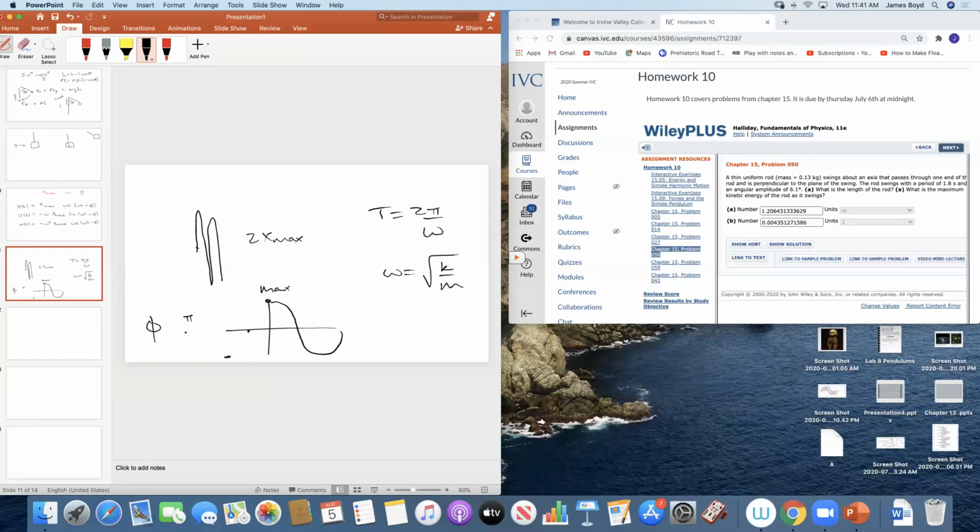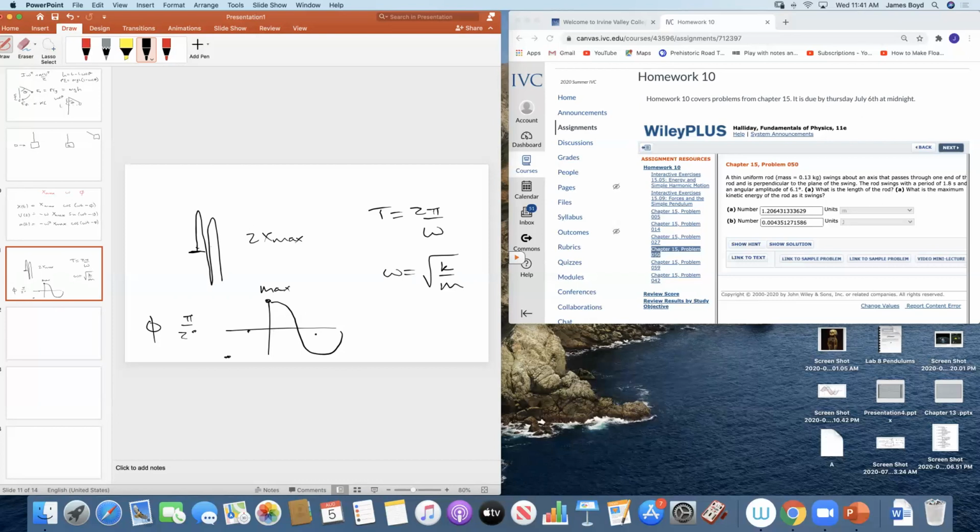If it were here or here, where it started off at 0 for whatever reason, so it starts at the equilibrium point with some velocity, then you know that this is either pi half or 3 pi halves. It really just depends on what the velocity is doing.